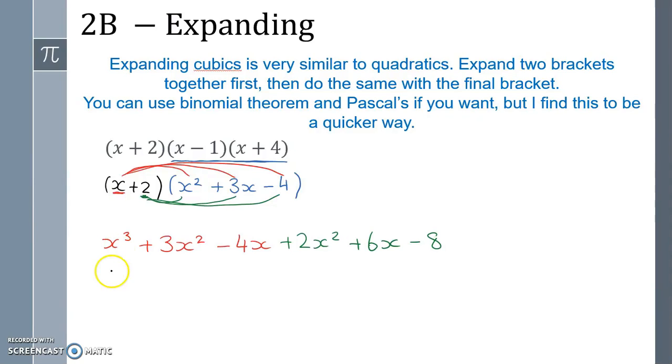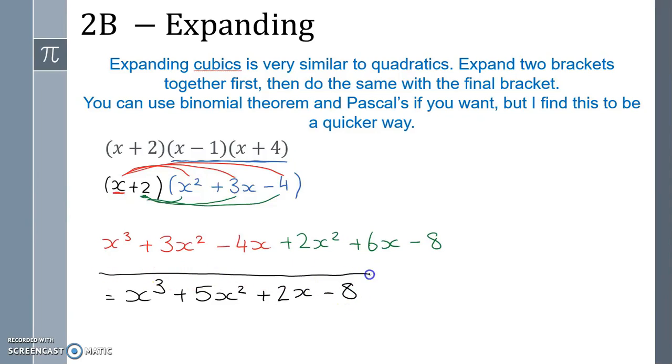Then I collect my like terms: x cubed, 3x squared plus 2x squared is 5x squared, negative 4x plus 6x is 2x, minus 8. So that's my final answer there. You can use Pascal's, you can use binomial theorem, but I find for quadratics and cubics, this is a lot quicker.